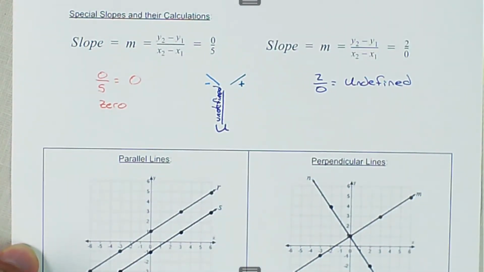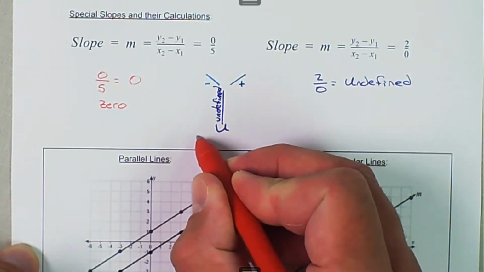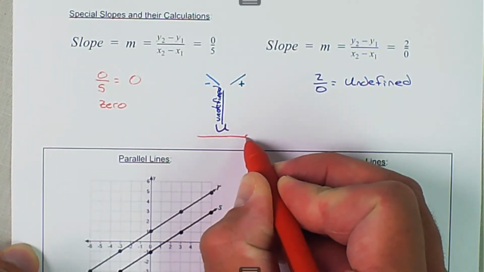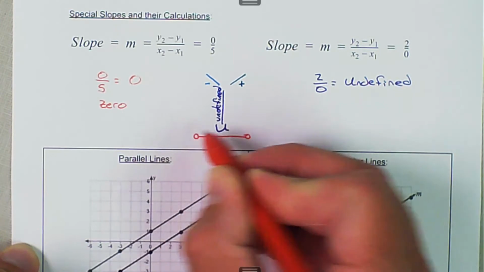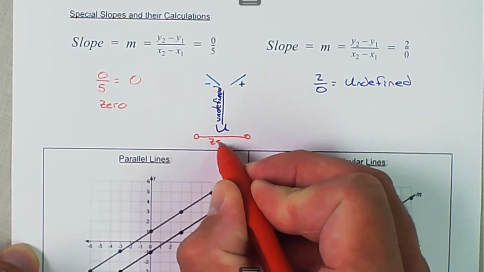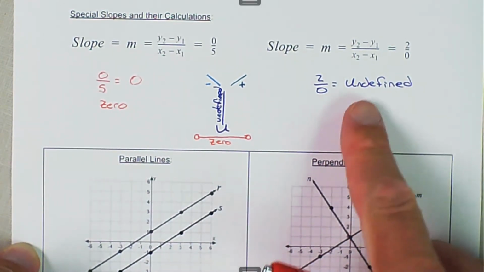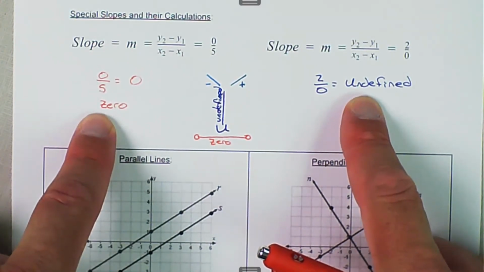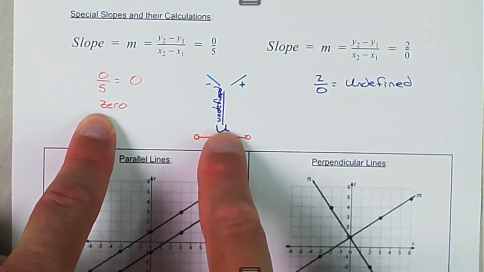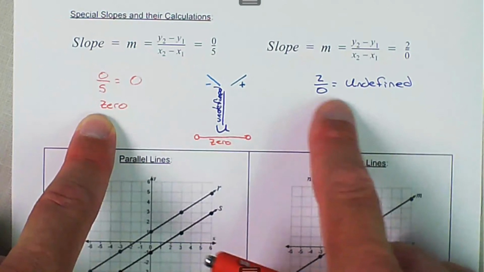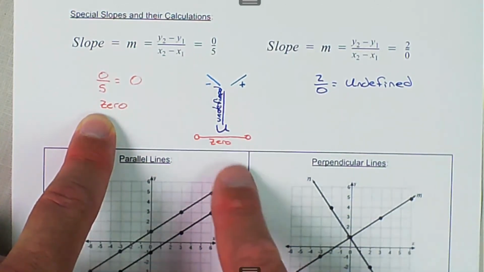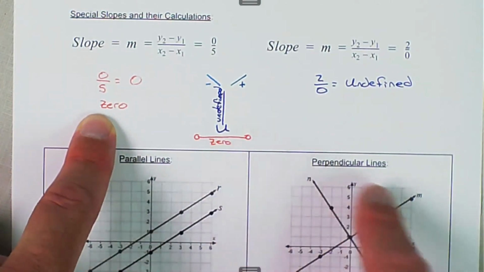And then the last one is 0, and that makes up the mouth. And then we put 2 dimples on the side to represent 0. Sometimes we forget about 0 and undefined, and that's why the slope monster helps us remember that if it's undefined, it's straight up and down, and if it's 0, it's going straight across.